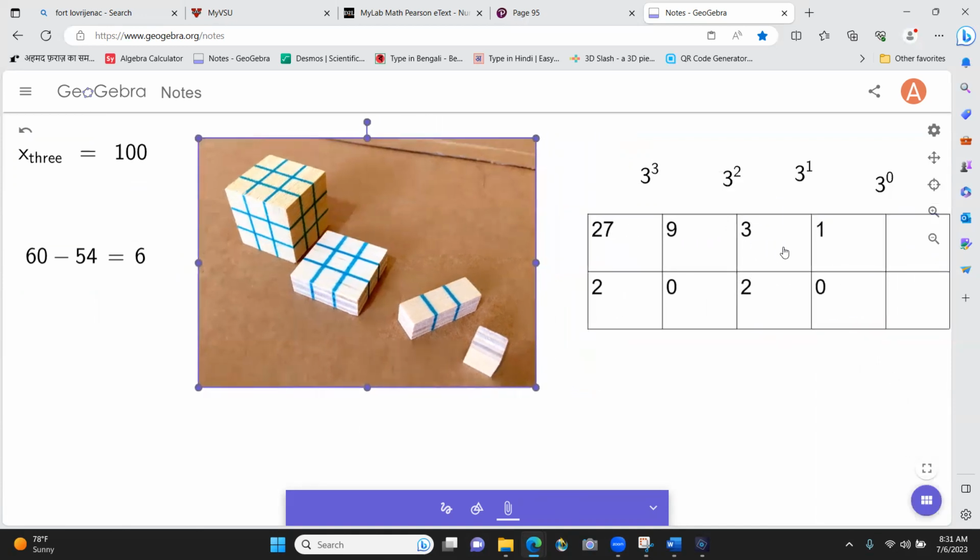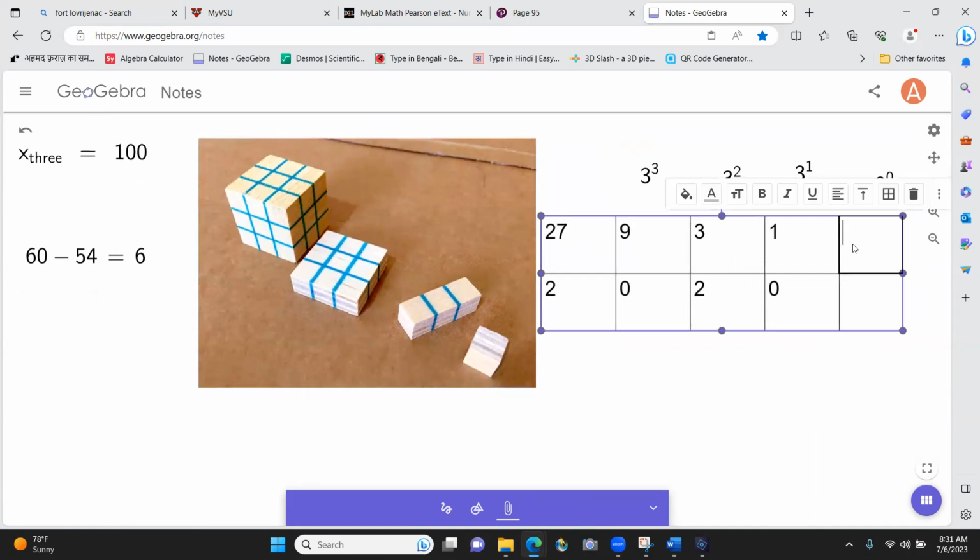All right, guys, I'm going to make my table. The first one is 1, the second one is 3, the next one is 9, the next one is 27, and the next one is 3 times 27, which is, I believe, 81.